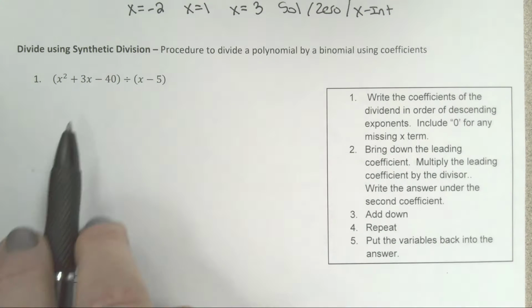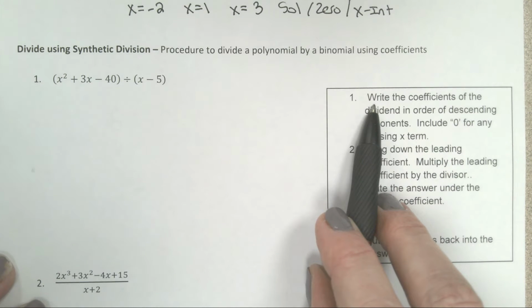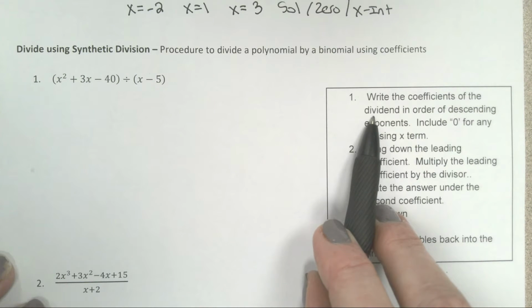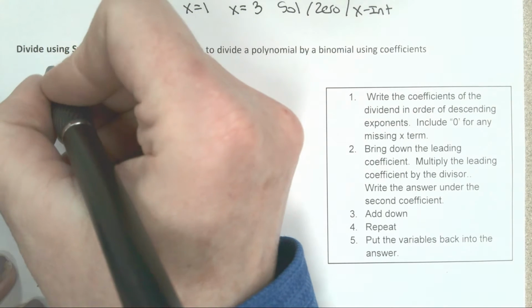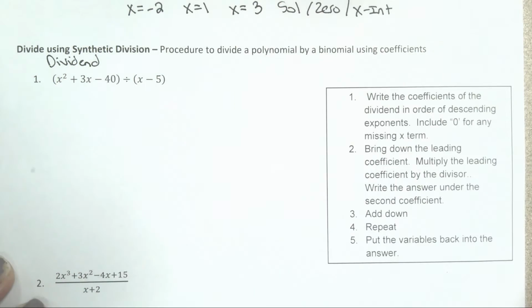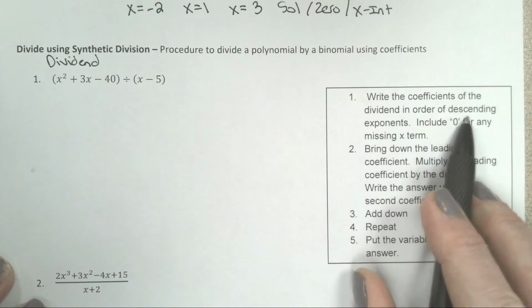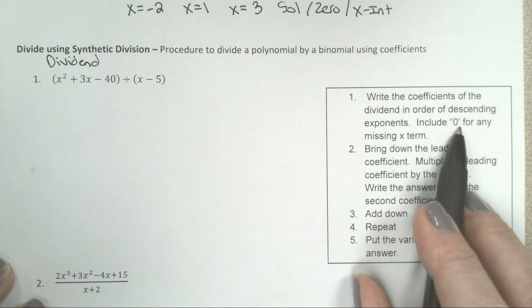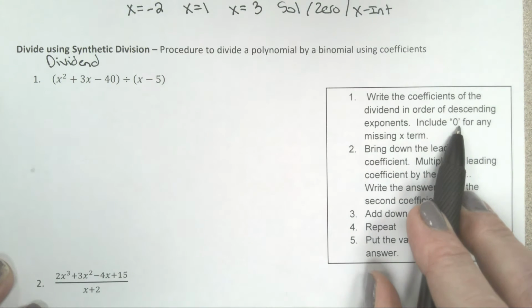All right, so step 1 says, write the coefficients of the dividend. This is the dividend, the bigger one, in order of decreasing exponents. Include 0 for any missing x term. So we've talked about filler zeros before.